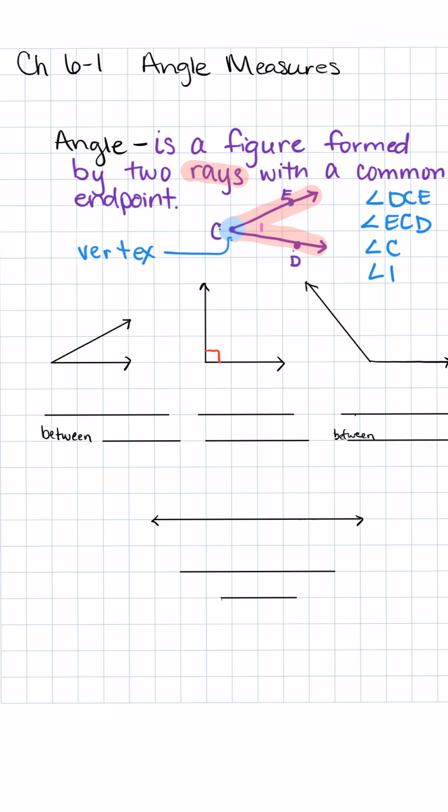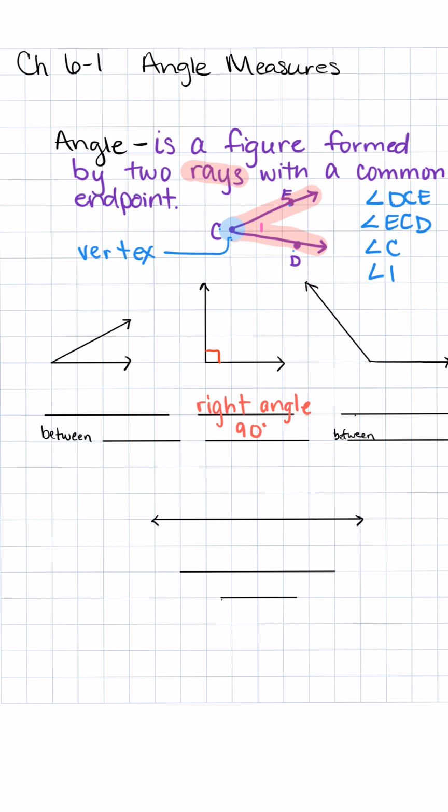So now we're going to look closer at these different types of angles. Let's start out with this middle one. This one is called a right angle. A right angle is 90 degrees.